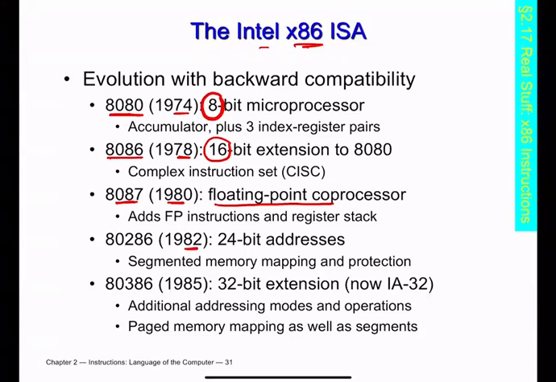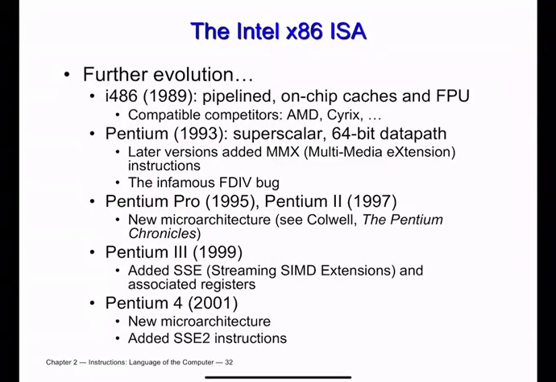Then in 1982, they had the 8286, and it was a jump to 24-bit addresses. In 1985, they had the 386, but again, a jump to 32 bits. And in 1989, they had the 486, and it was very famous at the time. They had the pipeline.